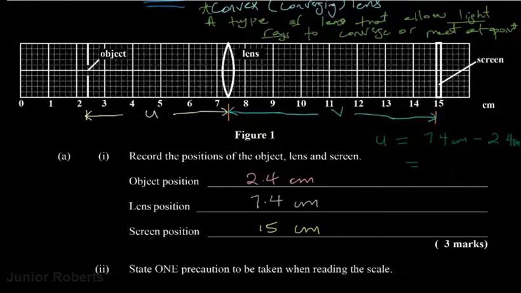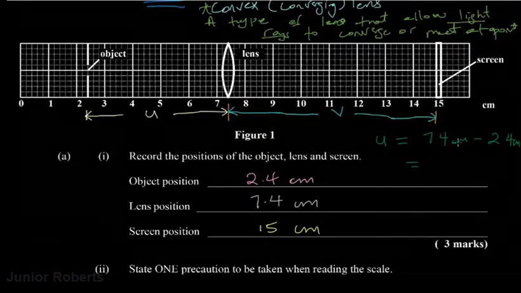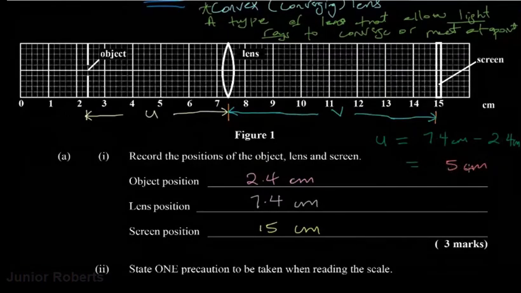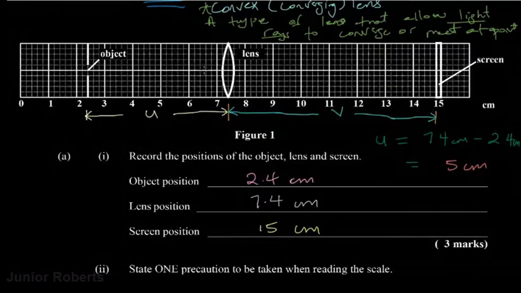What will this be equal to? 5, right? So this will be equal to 5 centimeters. So our object distance would be 5 centimeters, because the object, which is this right here, is 5 centimeters away from our lens.